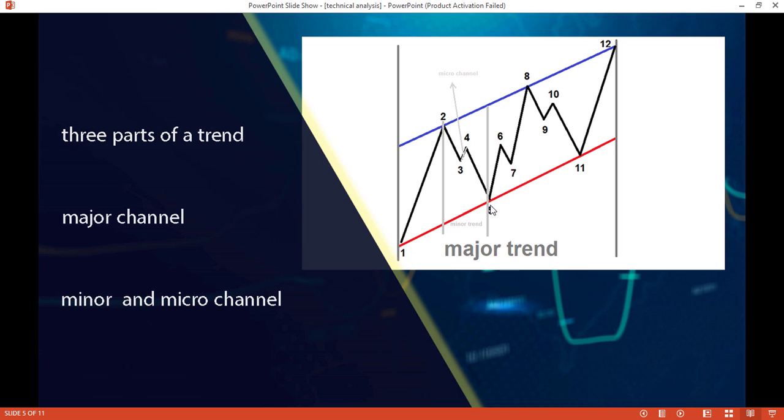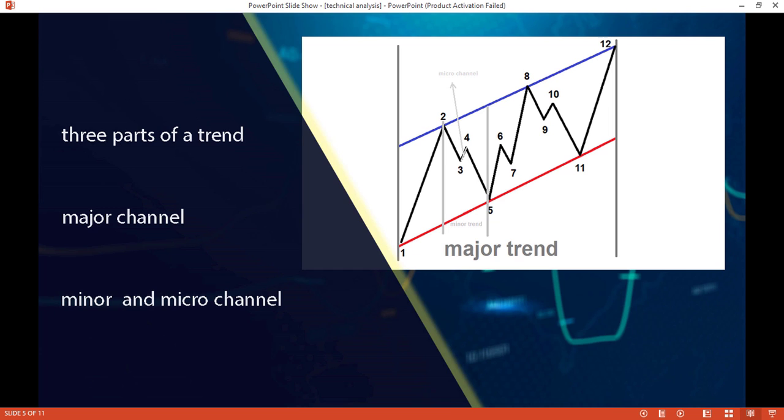Number 2 to number 5 is another minor movement. Number 5 to number 8 is another minor movement. Number 8 to number 11 is another one. And number 11 to number 12 is another minor movement.